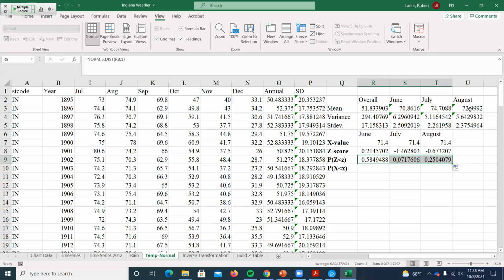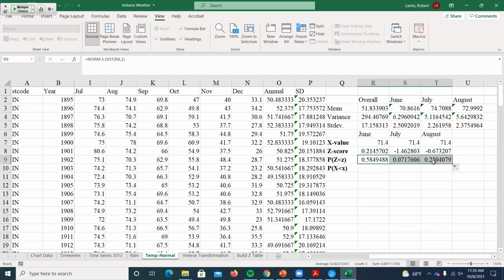And then as the temperature falls back down, the average temperature in August is a little bit lower. Well, now seeing the average temperature of 71.4 becomes a little bit more likely. So that's how we would find those probabilities for the standard normal distribution in Excel.